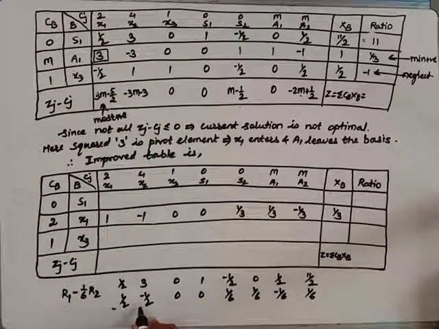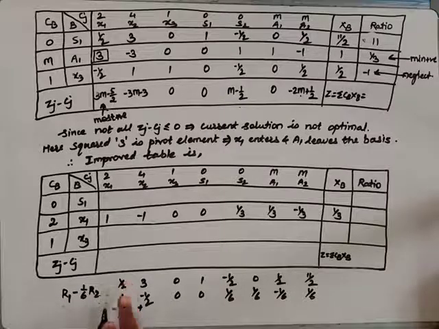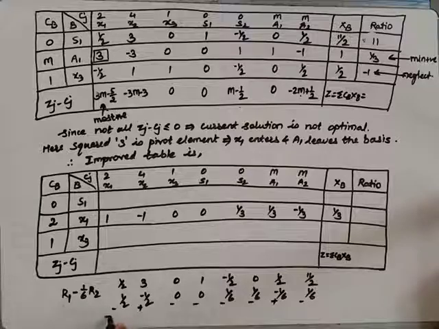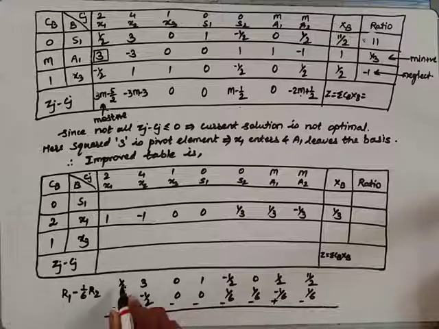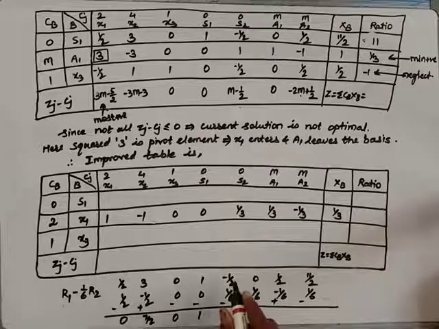Now I have to do subtraction as their signs are same. So this will become plus, minus, minus, minus, minus. This will become plus, minus. Okay. Now this is 0. 3 plus half. So it is 7 by 2. Now 0. This is 1. Now minus half minus 1 by 6.